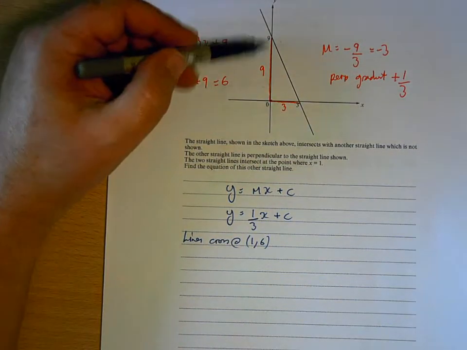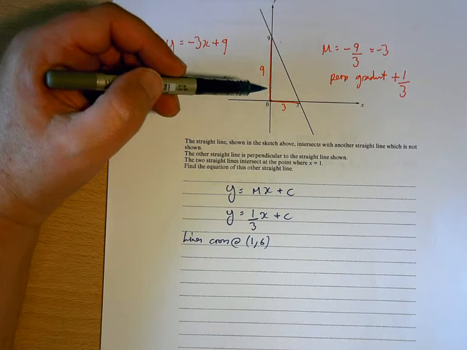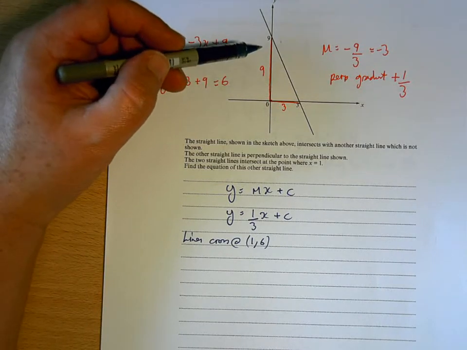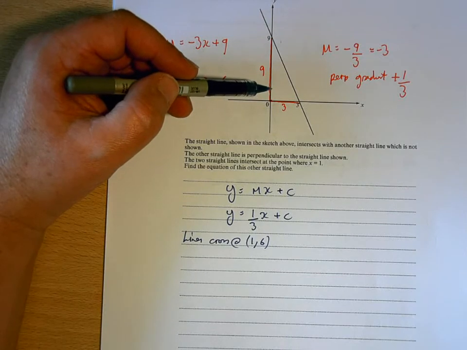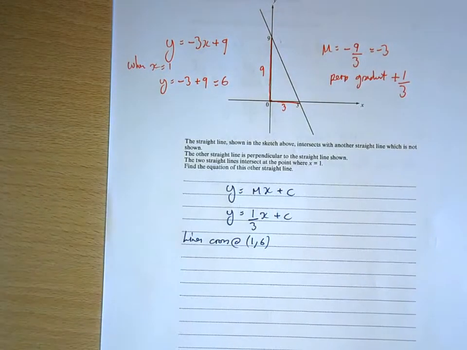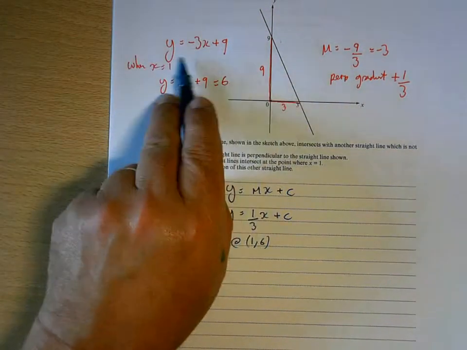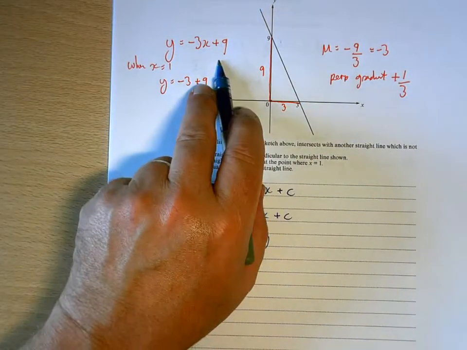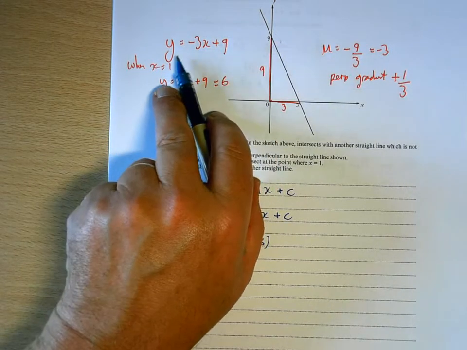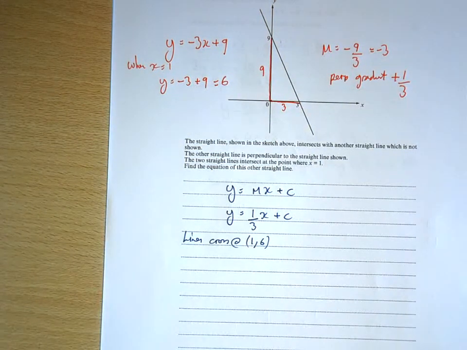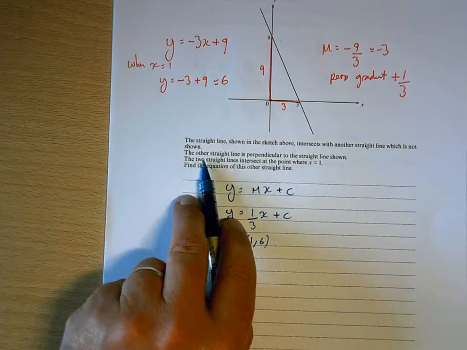Make sure you're happy with that. I can work out the gradient of the given line. The gradient of the given line is downhill, so it's negative. Change in y 9 over change in x 3. Gradient is negative 3. I can then just write down the equation of this line because I can see what the intercept is, what the c part is. So that's minus 3x plus 9.